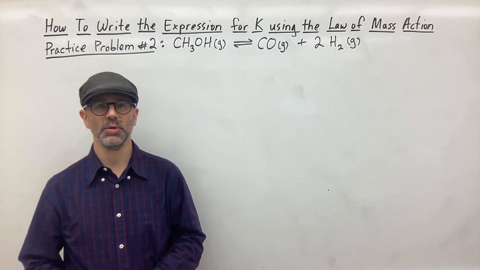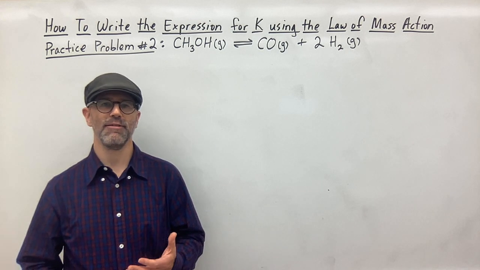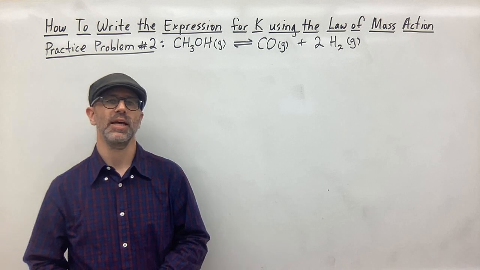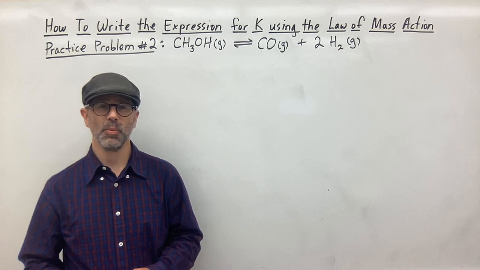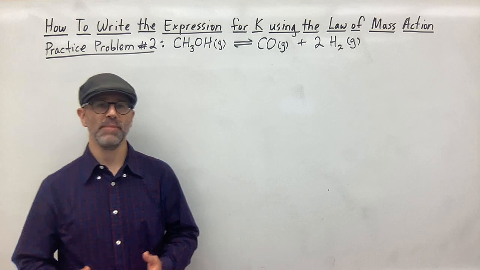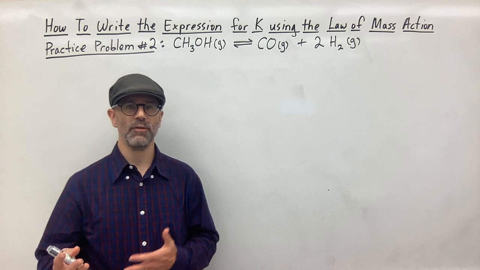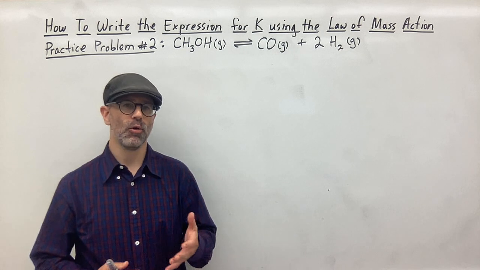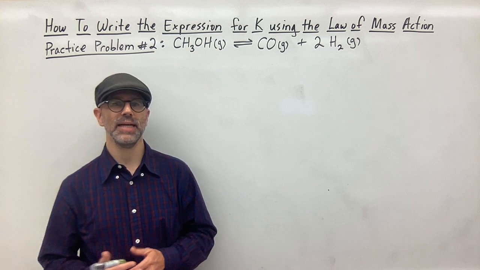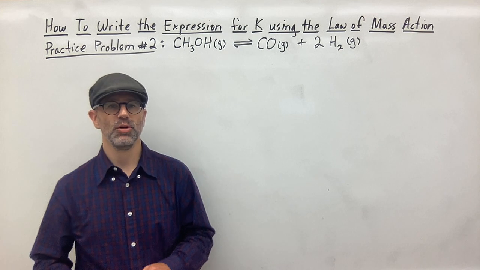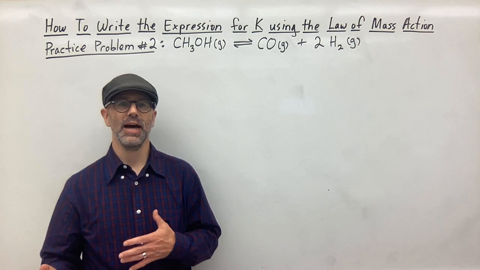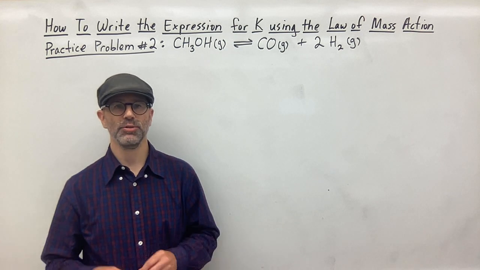So here we're dealing with a reaction where we actually have formulas of actual substances. So first thing I want to point out is that the law of mass action is basically saying that the rate of reactions, forward and reverse, is based on concentrations, right? So concentration is going to affect the rate of forward and reverse reactions.